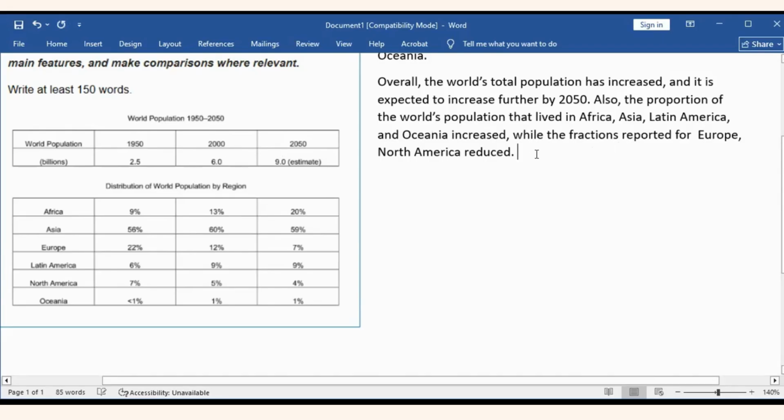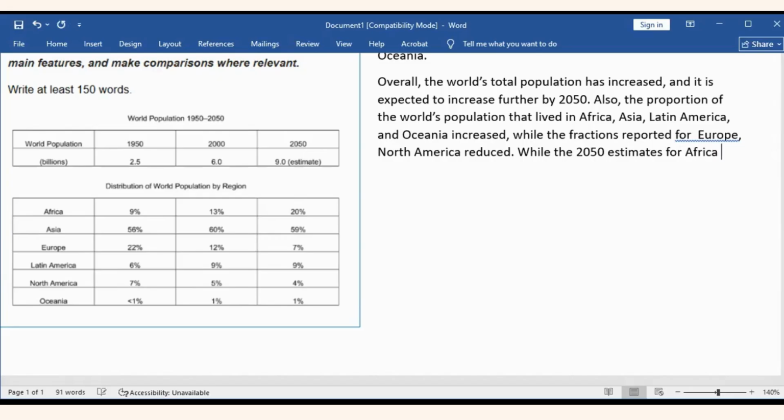Then the final part of my overview is where I talk about 2050 for the regions. You can see that the overview is very long. So here is my overview. The final part is, while the 2050 estimates for Africa is expected to increase further.